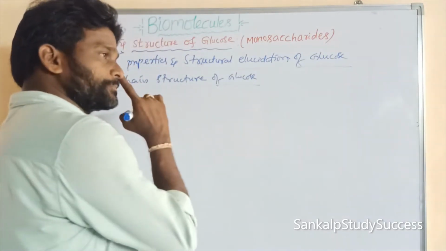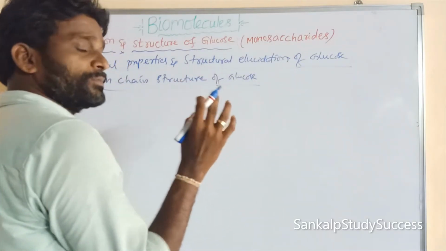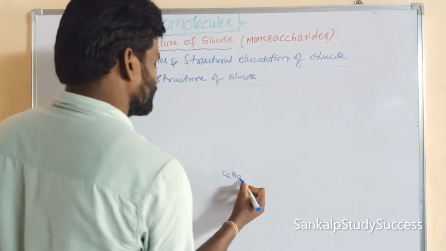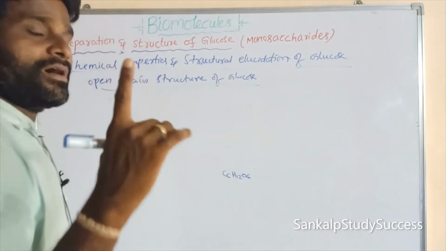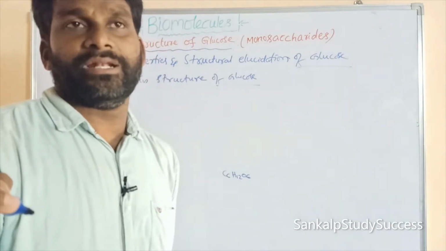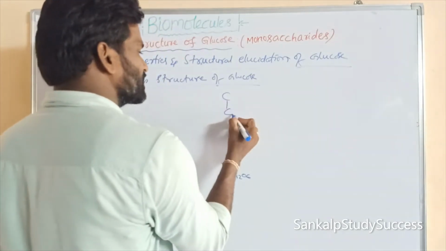So according to the first point, what is the molecular formula? C6H12O6. And the second point: on prolonged heating with HI, it gives n-hexane. This reaction suggests that all carbons are present in a straight line in this manner.